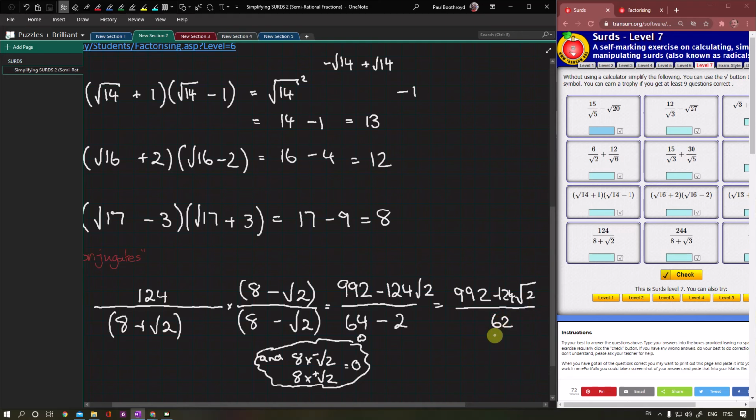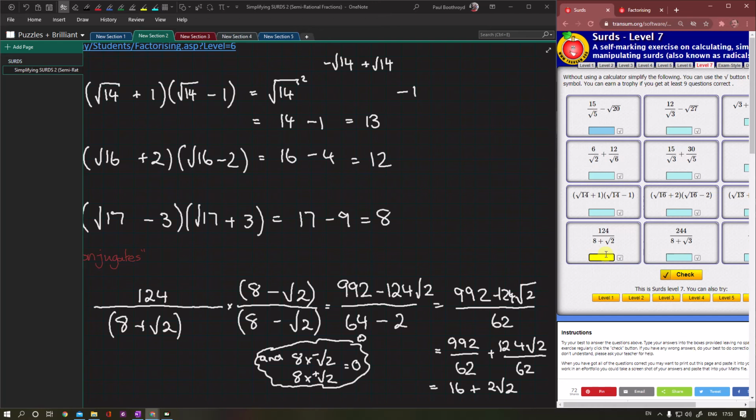And I don't know if that will divide. Well, that does. That gives me 16. So the denominator is 62, 992 over 62 simplifies, minus 124 root 2 over 62. So this goes 16 times, plus 2 square root of 2. That goes 16 plus 2, press the square root button, 2.